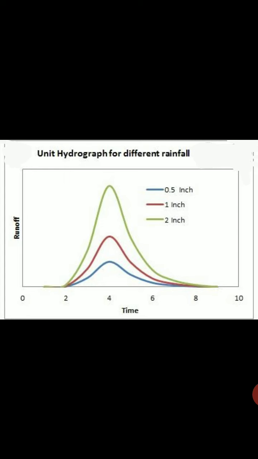Since the area under a hydrograph represents the total runoff, it is evident from the definition of unit hydrograph that the area under the unit hydrograph represents a direct runoff of 1 centimeter.